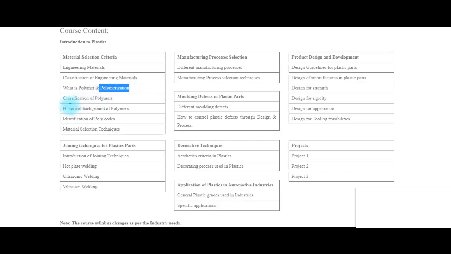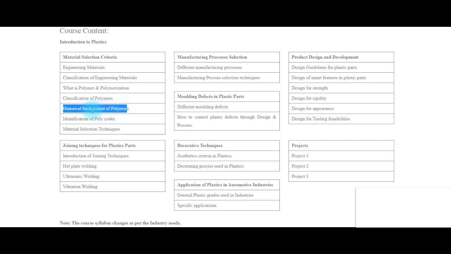Fourth is classification of polymer, meaning which kind of plastic granule, like ABS, like PE, polyethylene. They are specifically classified in this chapter. And next is historical background of polymer.